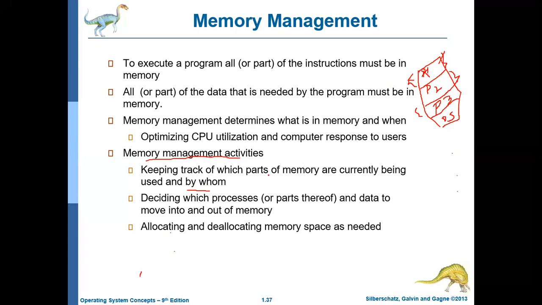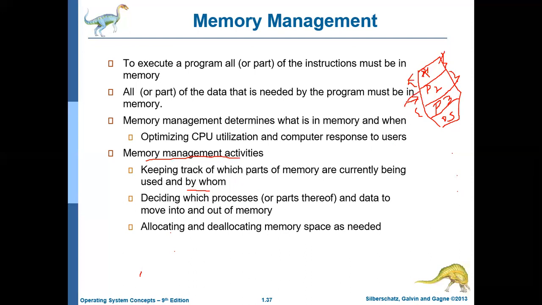So the operating system keeps track of which parts of memory are currently being used and by whom, deciding which process and data to be moved in and out of memory. Sometimes we may have to do swapping. If process 2 is not being used for a long period of time, and another process is waiting for a long period of time, then the operating system may decide to swap.